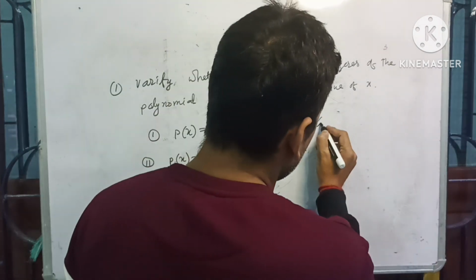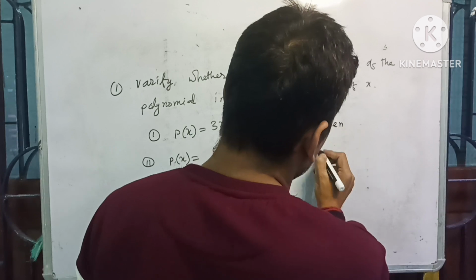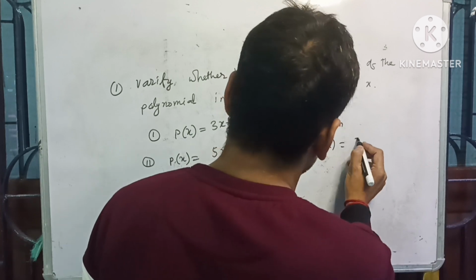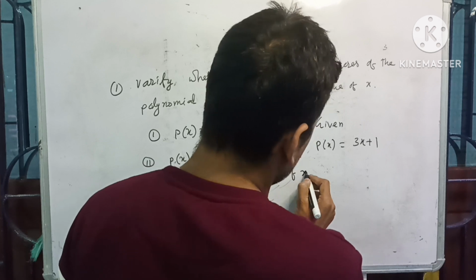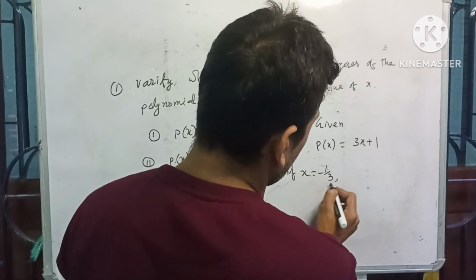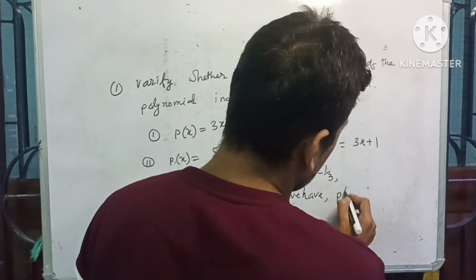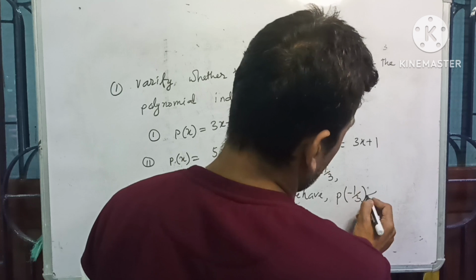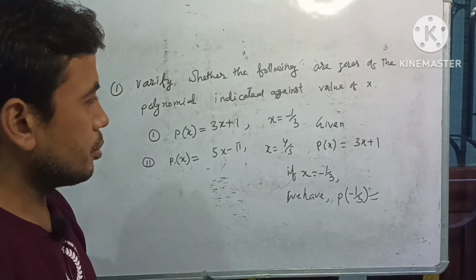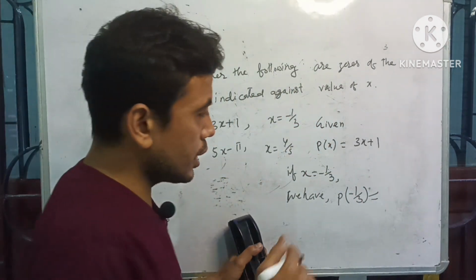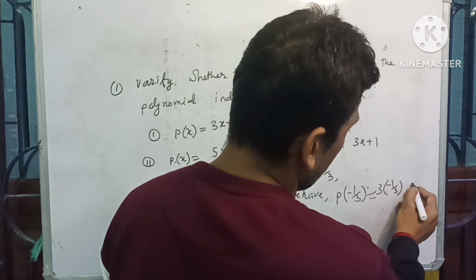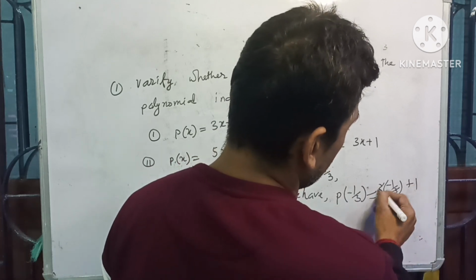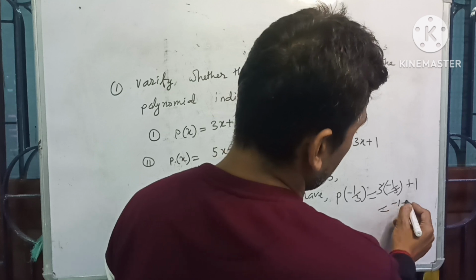Now see, if we put x is equal to minus 1 by 3, what is the result? So given P(x) is equal to 3x plus 1. If x is equal to minus 1 by 3, we have P(minus 1 by 3). That means we replace x by minus 1 by 3. What we get? 3 times minus 1 by 3 plus 1. 3 cancels, minus 1 plus 1.